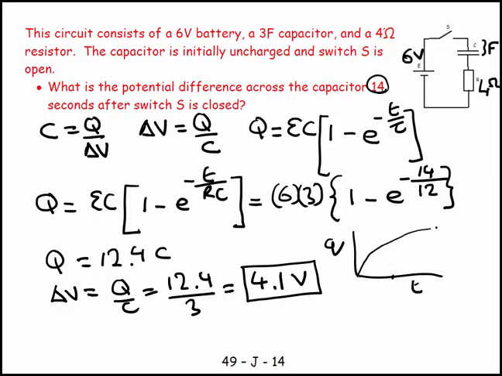That's how long it takes to get to 63% of fully charged, and I'm a little bit more than 63% of fully charged. The maximum voltage I could have is 6 volts, and I got 4.1 volts, and that seems to make sense to me. So I'm happy with that. So there we have it.